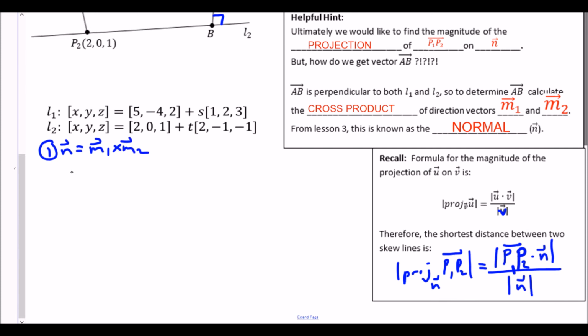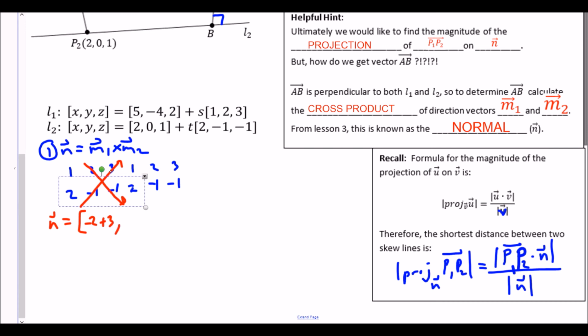So here we go, I'm going to write it out. 1, 2, 3, 1, 2, 3, and 2, negative 1, negative 1, 2, negative 1, negative 1. It will be negative 2 plus 3. So the normal will be negative 2 plus 3, comma.